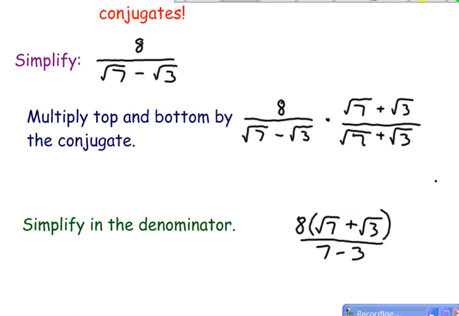In our problem here, simplify 8 divided by square root of 7 minus the square root of 3. Okay, the first thing we're going to do is multiply the top and bottom by our conjugates. The conjugate of radical 7 minus radical 3 is radical 7 plus radical 3.